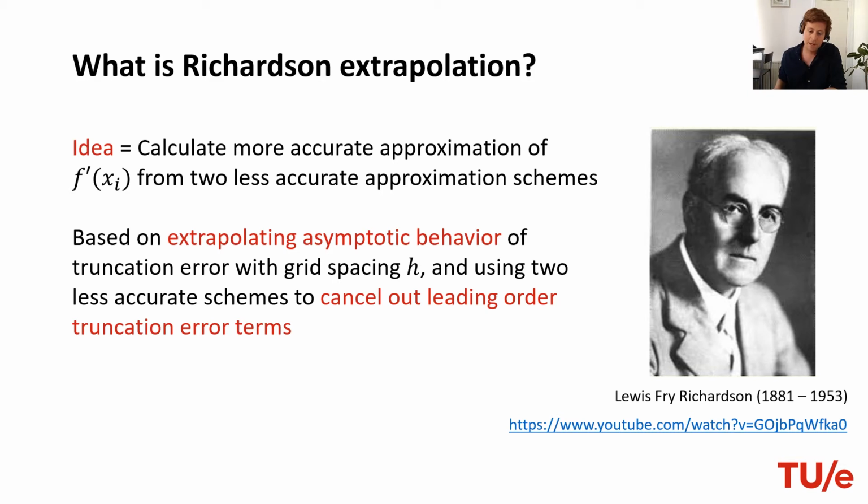Now that's quite a mouthful to say like that, but once you see it in action, you will realize it's actually remarkably simple and allows us to easily come up with these higher order approximations of the derivatives.